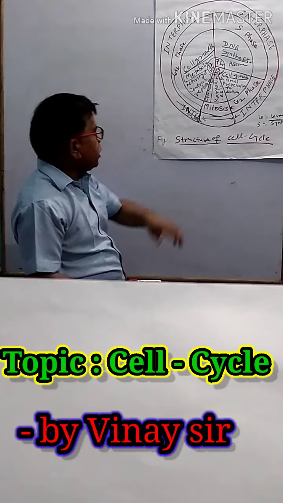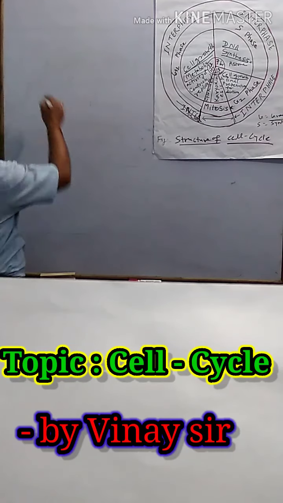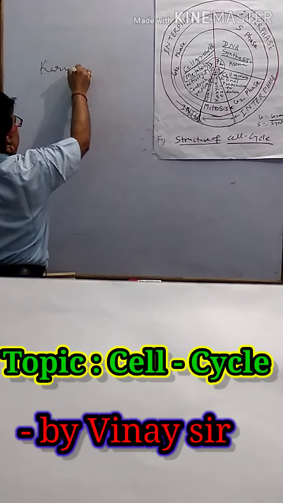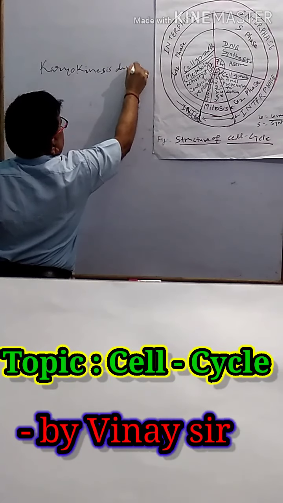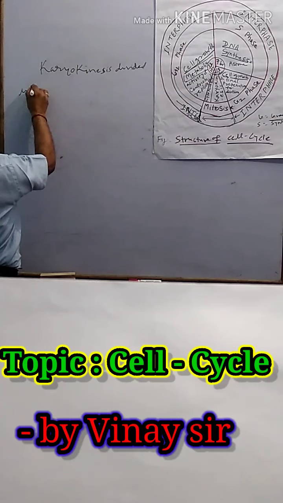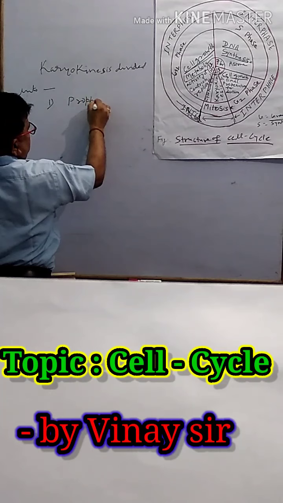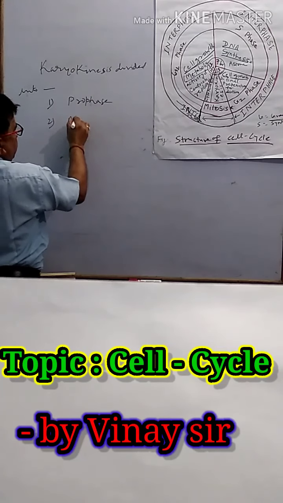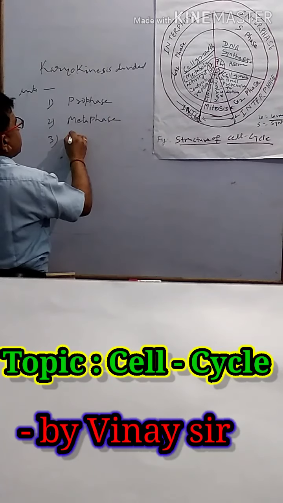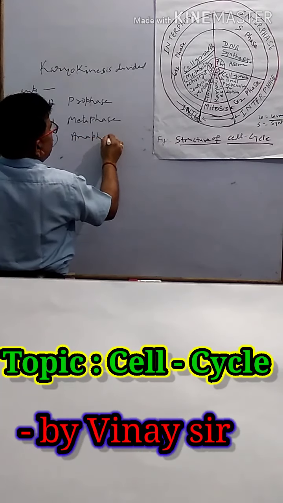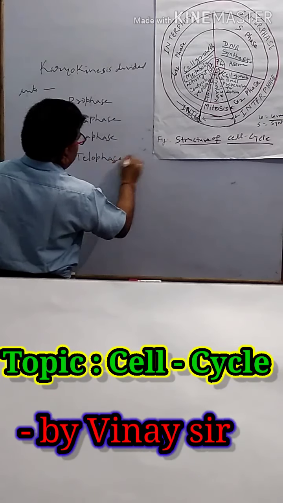Karyokinesis is divided into prophase, metaphase, anaphase and telophase. Here, karyokinesis is divided into number 1 prophase, number 2 metaphase, number 3 anaphase and number 4 telophase.